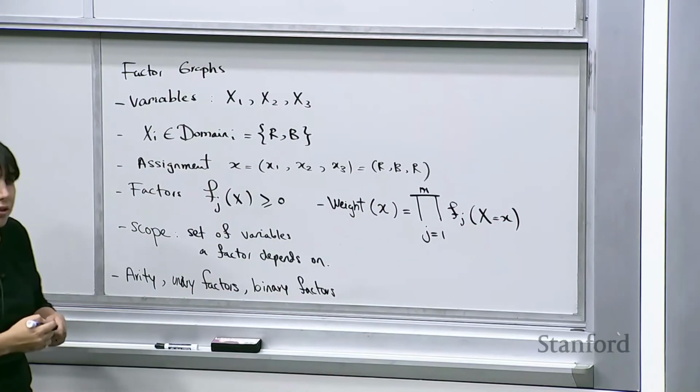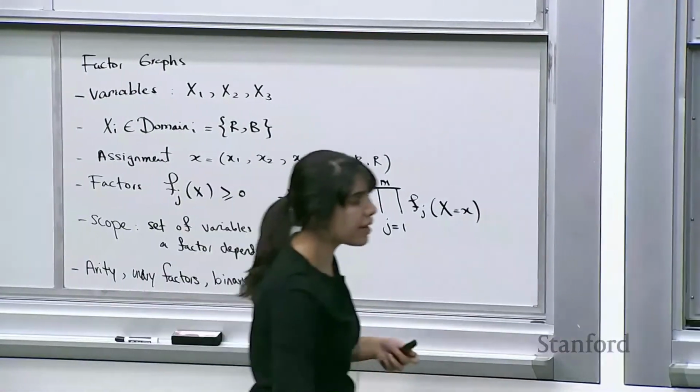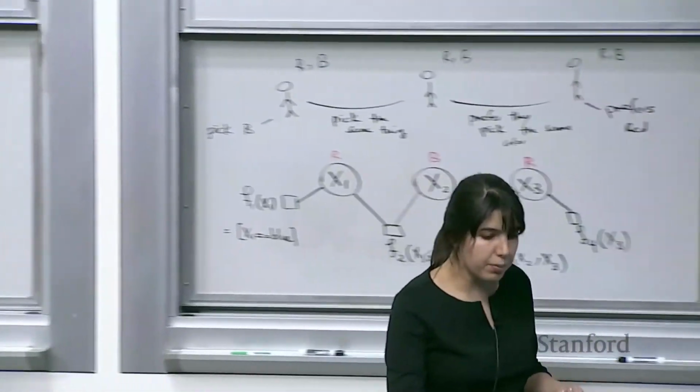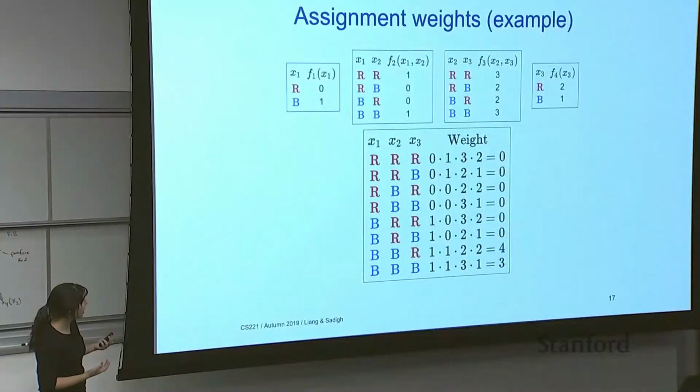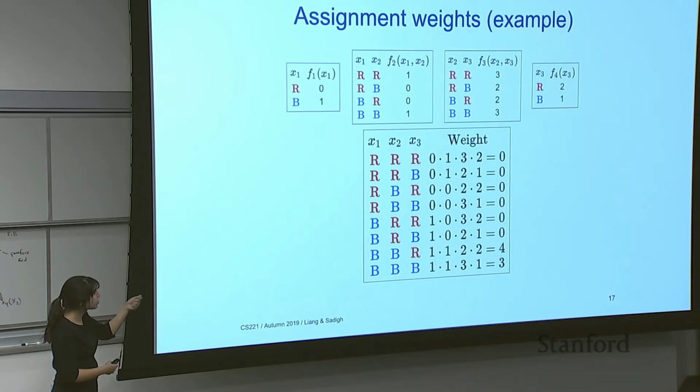For this particular example, we looked at the tables, and each one of these tables represents our factor. But now if I talk about a full assignment, then I'm looking at what happens if x1, x2, and x3 take all possible values that they could be taking. So I have 8 possible options here. And then I'm looking at a weight as a product of all of these factors multiplied out by each other.